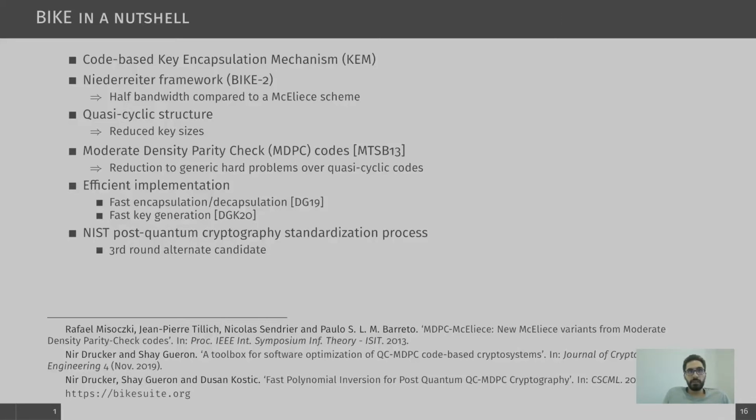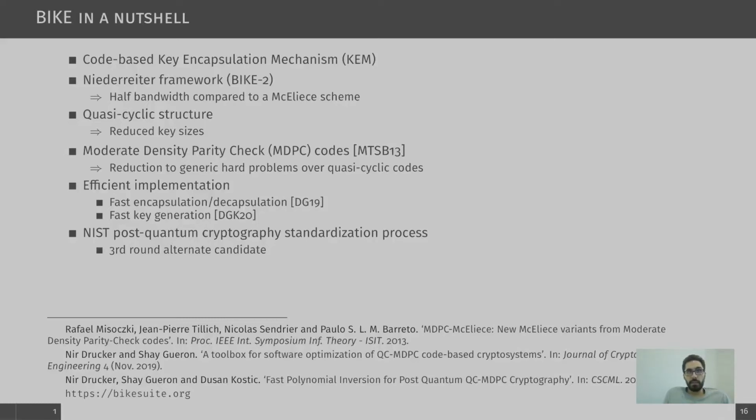BIKE uses quasi-cyclic codes, which means that the parity check matrices it uses are composed of two circulant blocks, and therefore they are fully described by only one row. This achieves a reduction in the key size.